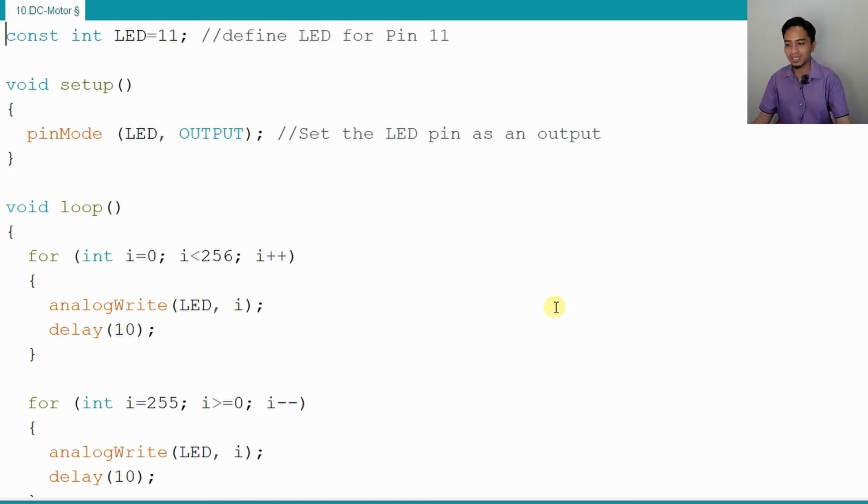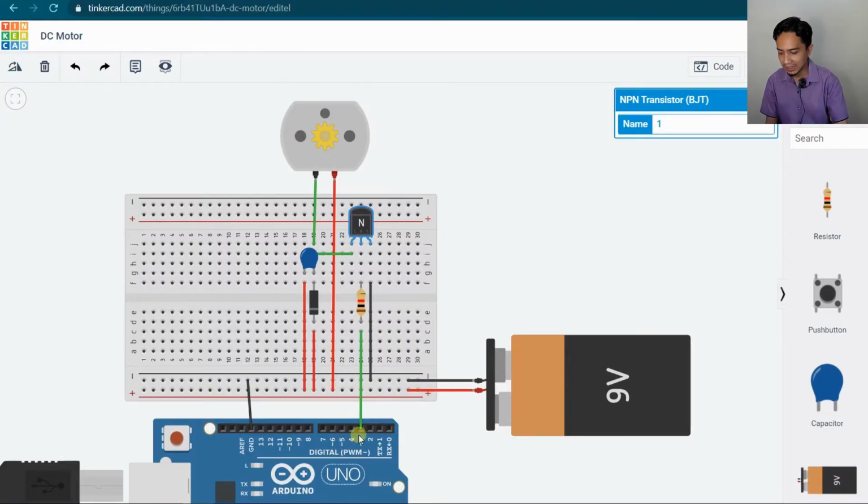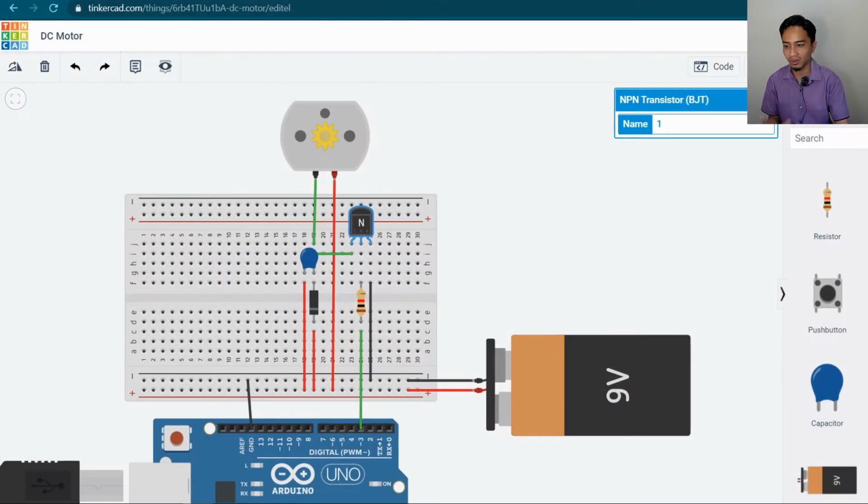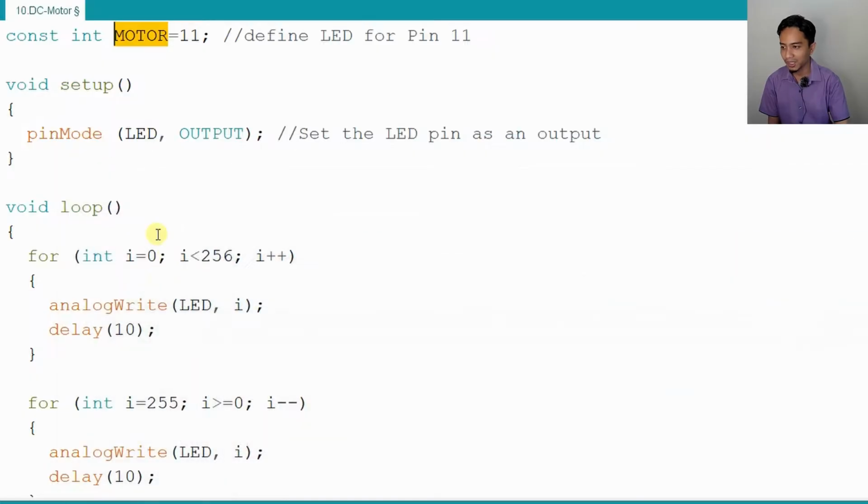So what happens here now, instead of controlling the LED, we will control the motor, which is at pin 3. So if you follow the same coding or the same pin assignment in the Tinkercad or in the Proteus, basically the motor is at pin D3, and therefore we use 3 here.